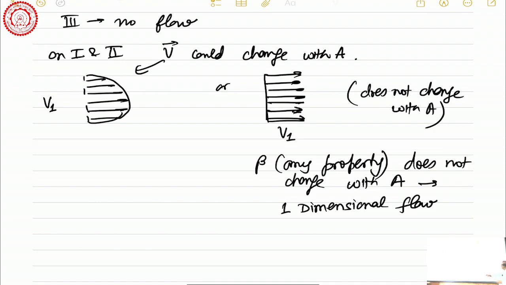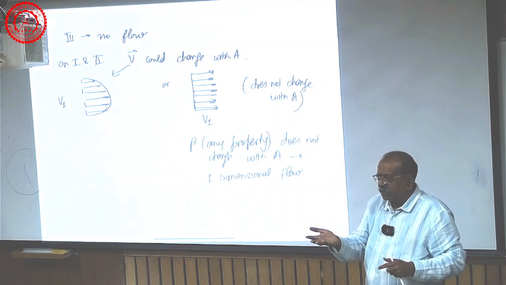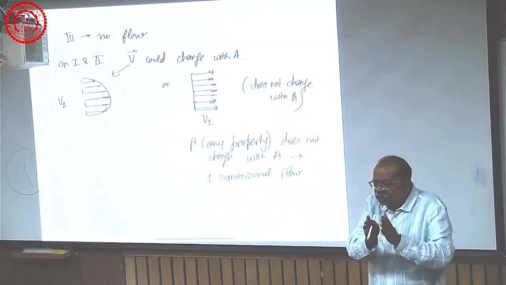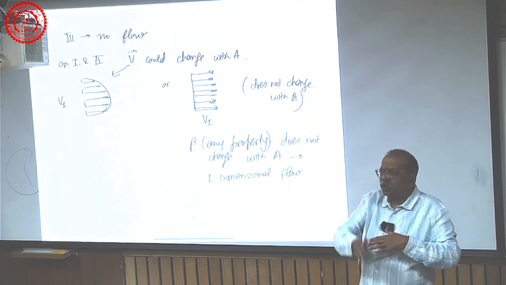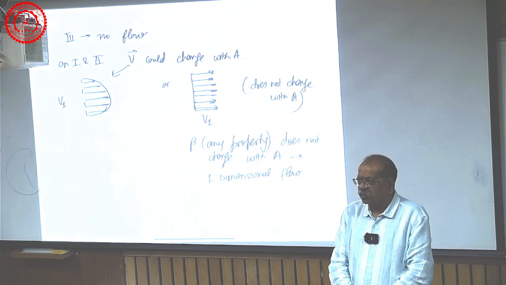That means velocity could change with x, but it is not changing with y. And not only velocity, any other property, if it changes only with x and does not change with y, then we say this is a one-dimensional flow.